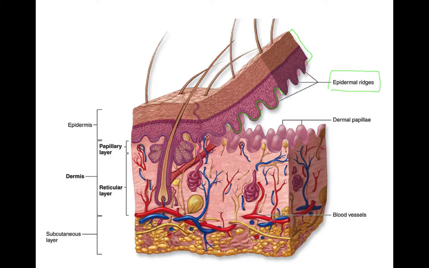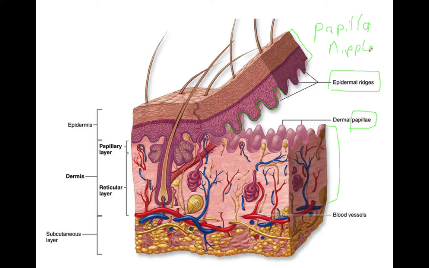So when we have more epidermal ridges, there's going to be more contact with the connective tissue layer below, the dermis down here, and it's going to have these dermal papillae. Papillae is plural, but a papilla, singular, is a nipple.